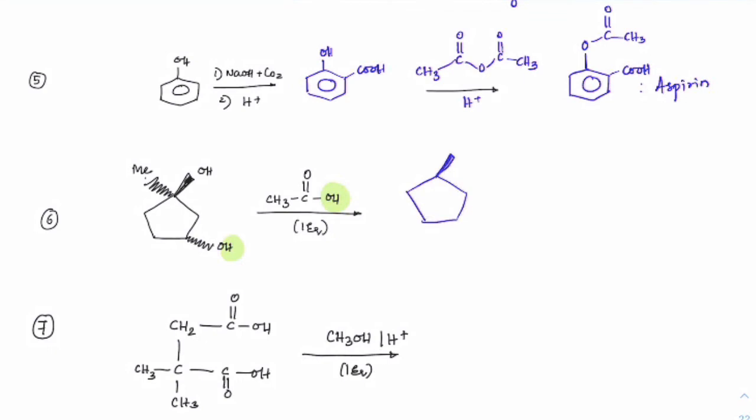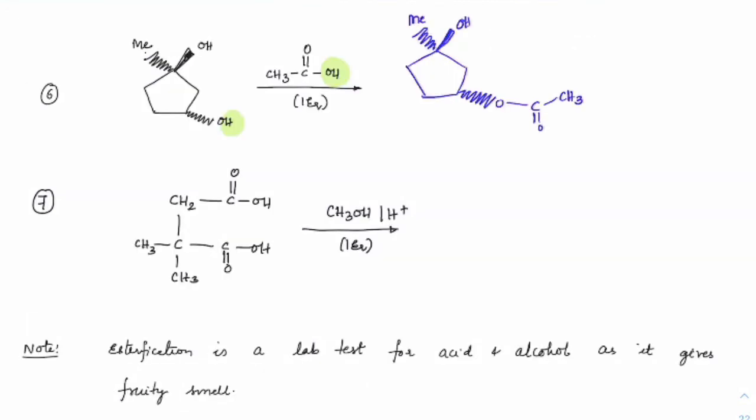So this OH, this methyl would remain. The same logic applies for the acid also. This side of the acid has less substitution as compared to this side of the acid. So the ester formation will be on this side, C double bond O, OCH3, with CCH3, CH3, C double bond O, OH.